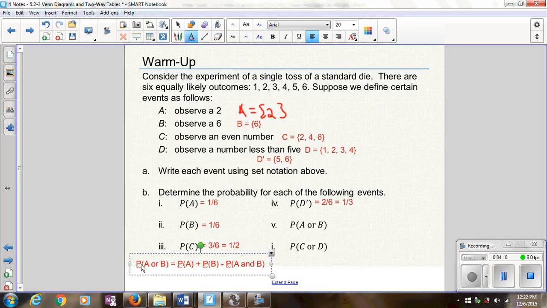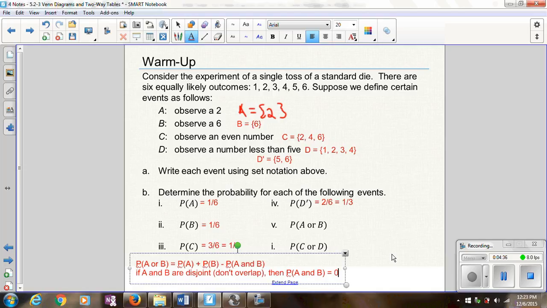Now, if A and B are disjoint, and remember we said disjoint means mutually exclusive, it just basically means they don't overlap, they don't have any events in common, then I know the probability of A and B is just 0. And so then my formula for the probability of A or B is very simple.